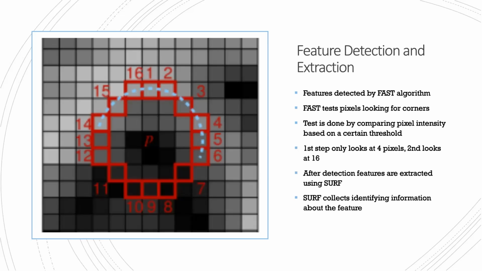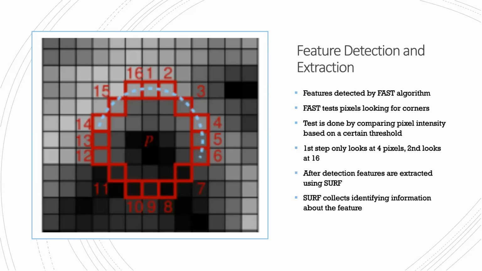We test to see if 2 consecutive pixels meet that threshold of difference in intensity, so they're that much lighter or darker. If that step is passed, we go to our second step, where we look at all 16 pixels that are boxed on that picture. For that step to pass, we have to have 9 consecutive pixels pass the test.